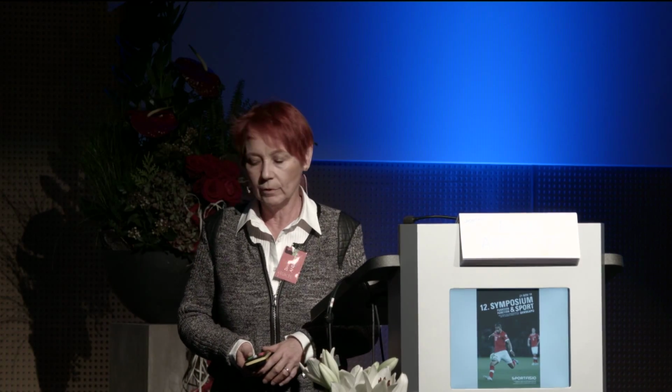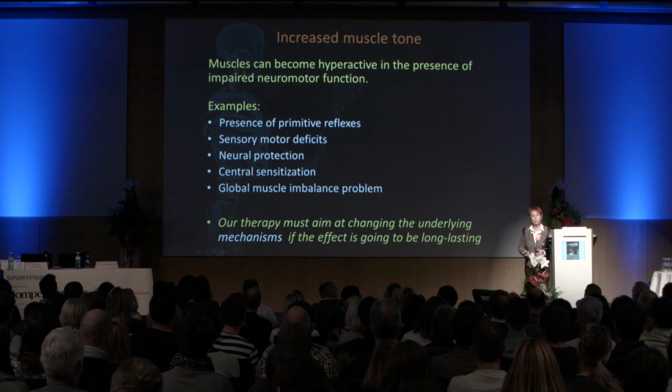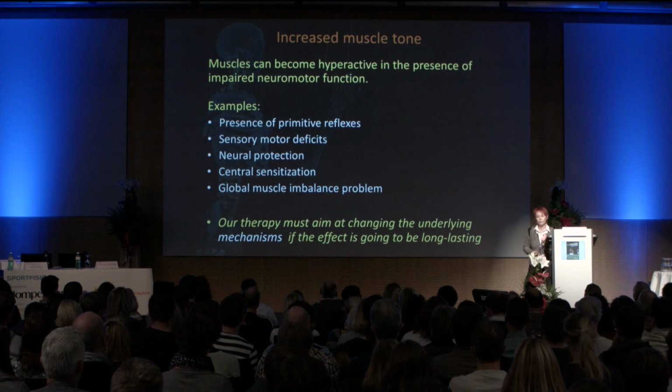So any one of these barriers can cause and or maintain increased muscle tone and therefore decreased extensibility. Muscles can become hyperactive or recruit too much in the presence of impaired neuromotor function.